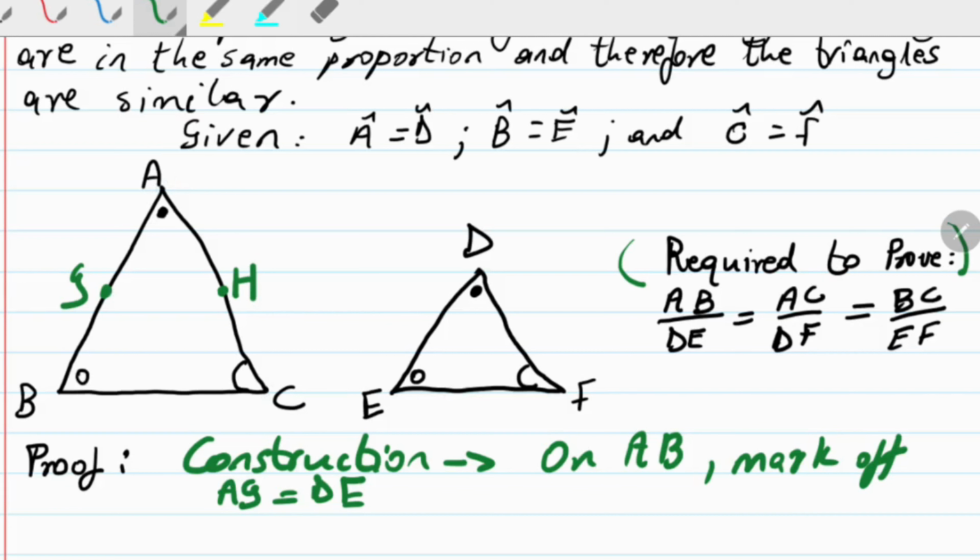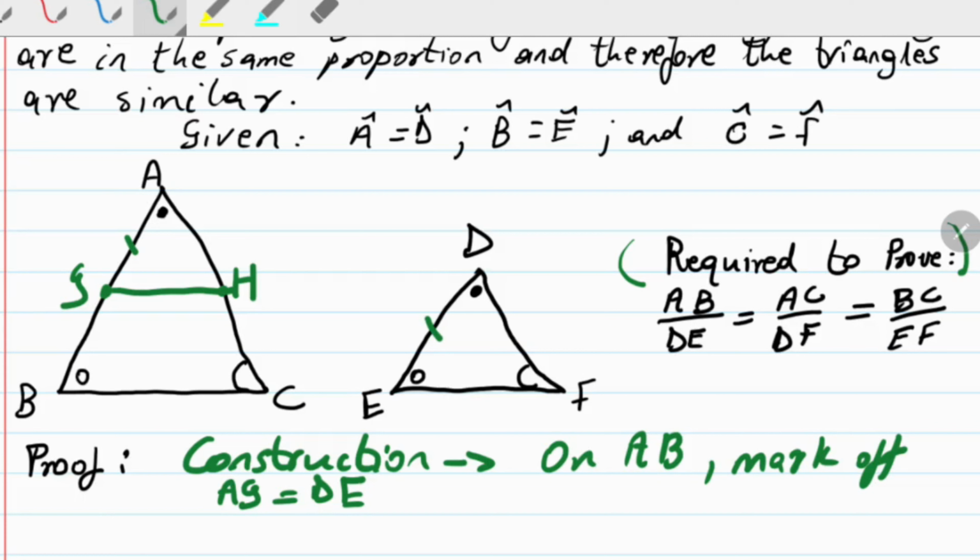We will then join GH. So we mark off that AG is equal to DE.